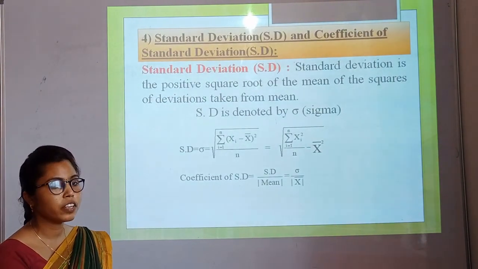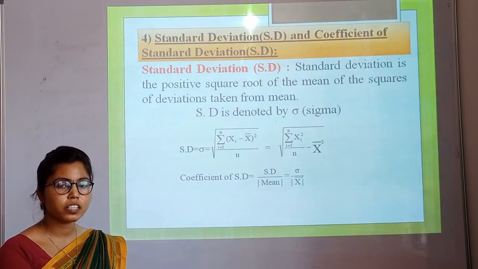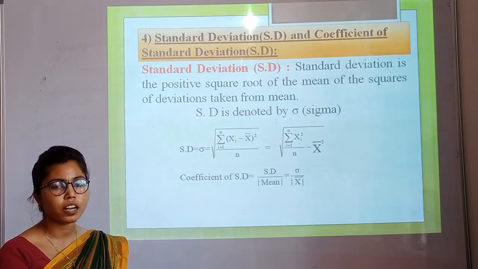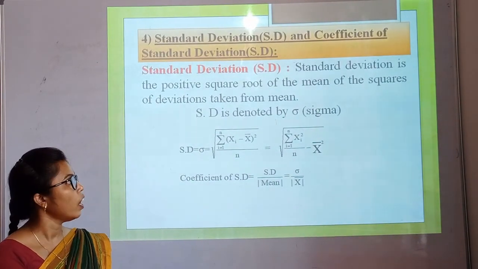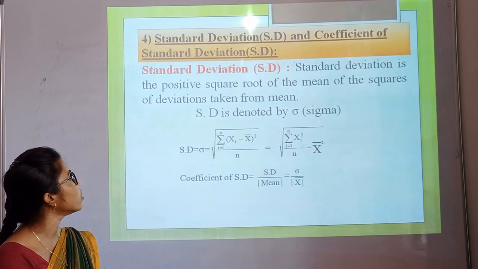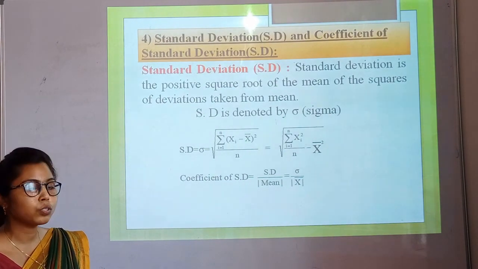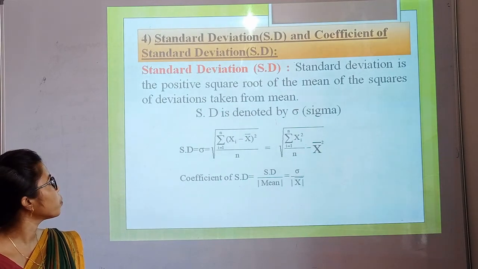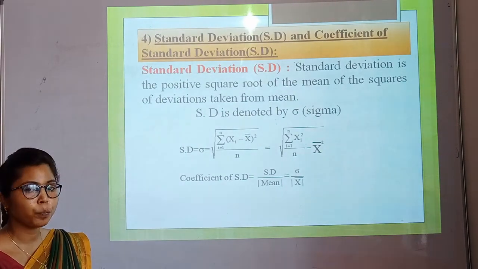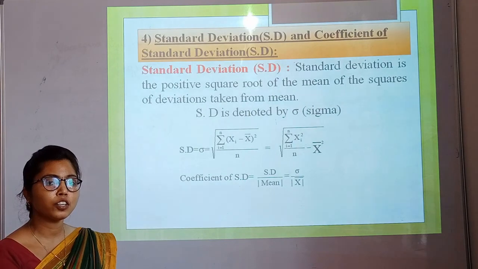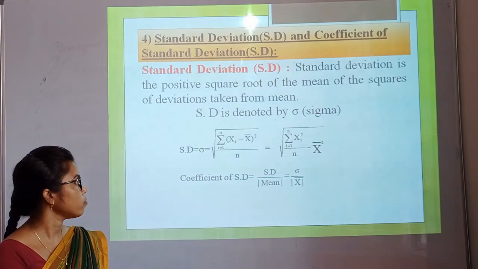Next is standard deviation. Standard deviation is an absolute measure. Short form for standard deviation is SD, and its relative measure is coefficient of standard deviation. Standard deviation is the positive square root of the mean of squares of deviations taken from the mean. Standard deviation is denoted by sigma.